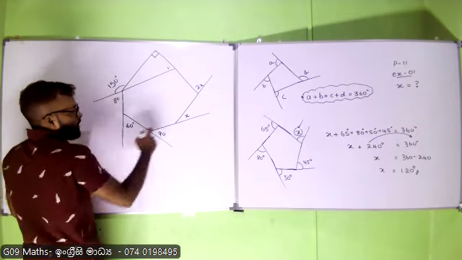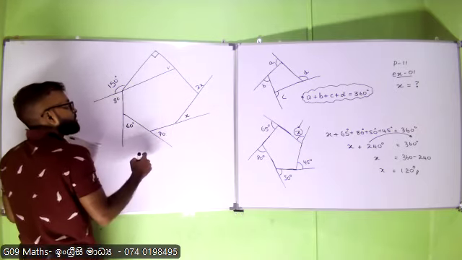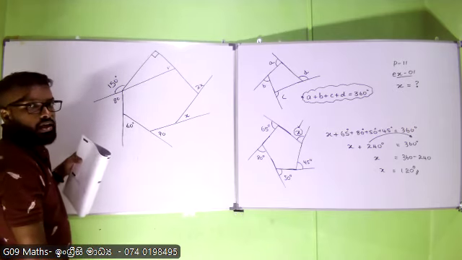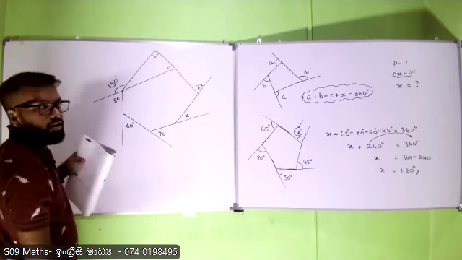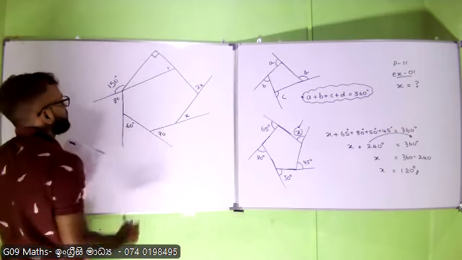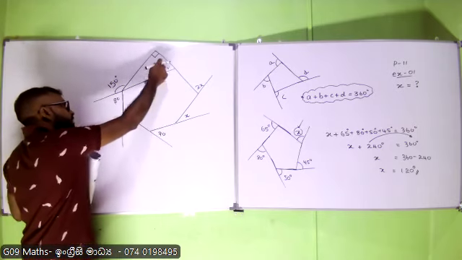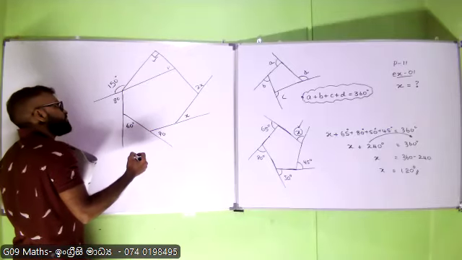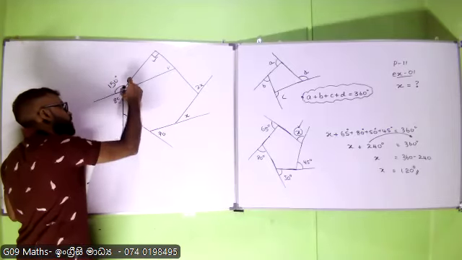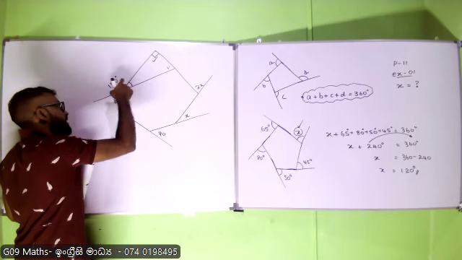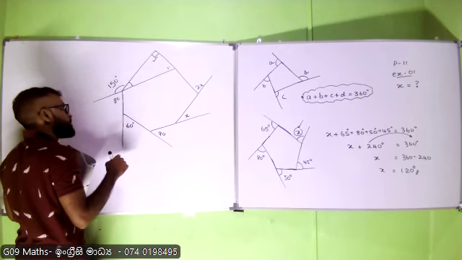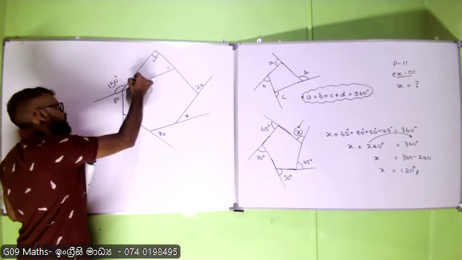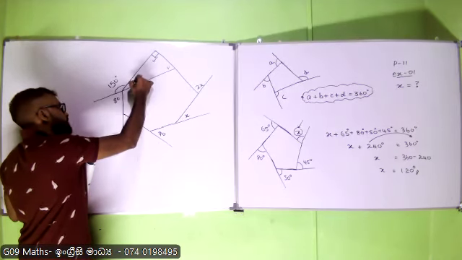Before finding x and 2x, you need to find v first. That is also an exterior angle of this polygon. If you want to find this v, we know this angle is 90 degrees, and we have to find this one. This is an adjacent angle of 150. So 180 minus 150, this would become 30 degrees.